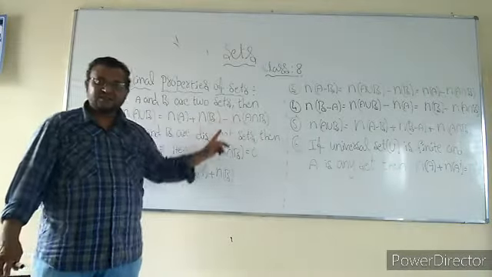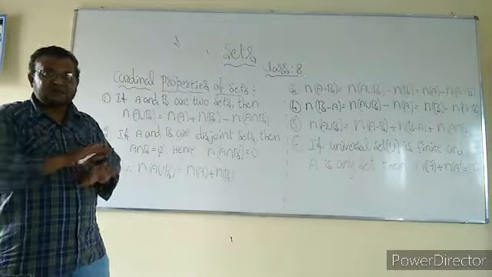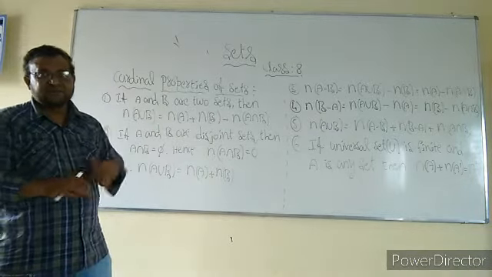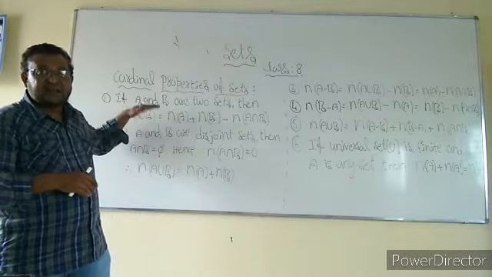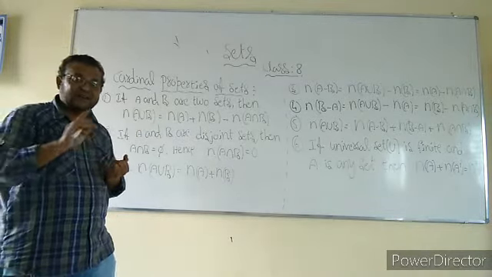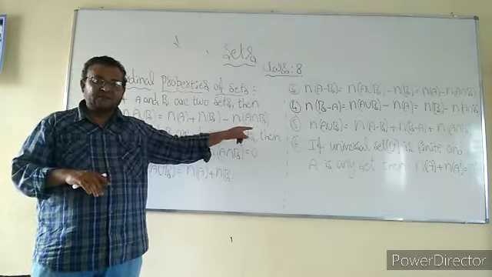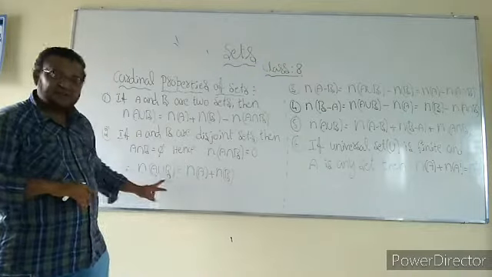Because n of A intersection B is 0 when A and B are disjoint sets. Disjoint means no common element. Simple to remember. The first one is n of A union B equals n of A plus n of B minus n of A intersection B. If n of A intersection B is 0, then n of A union B is equal to n of A plus n of B.